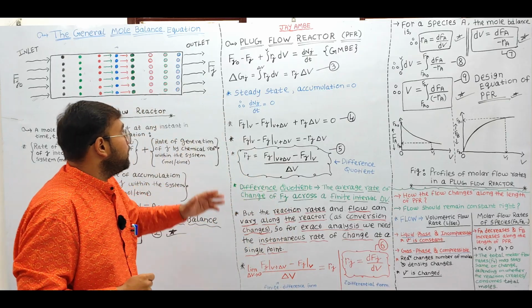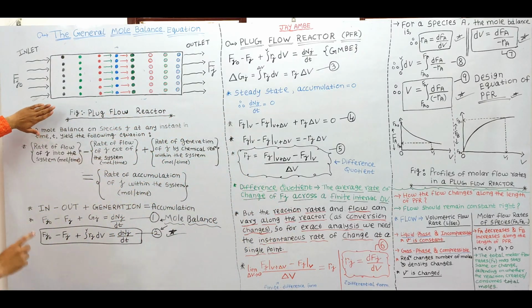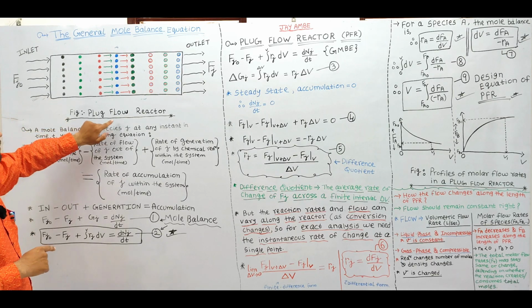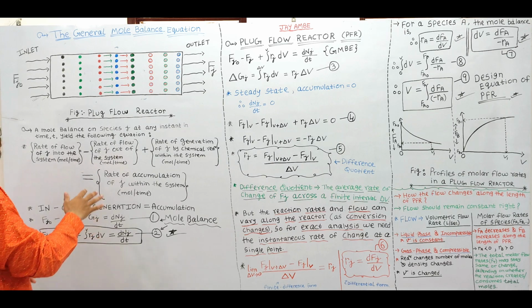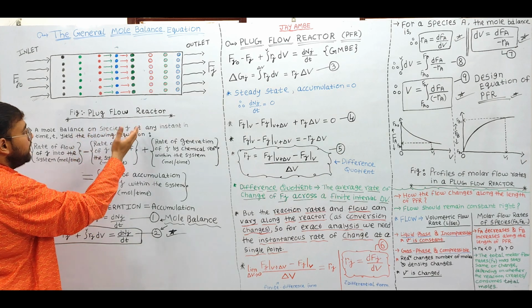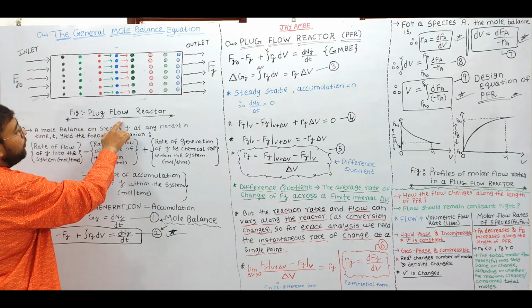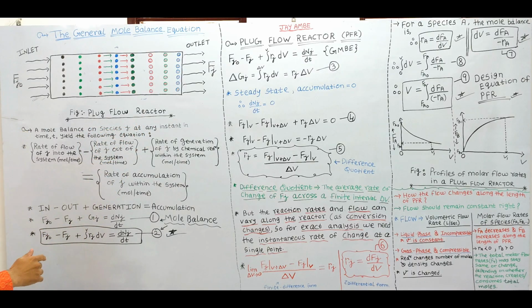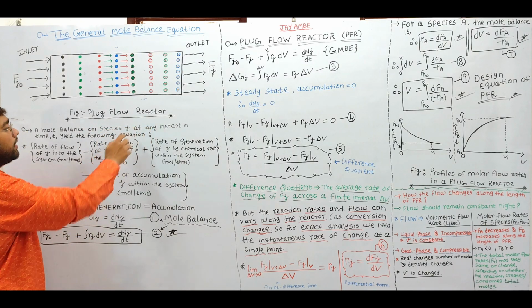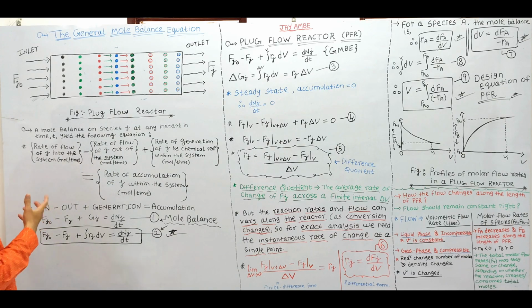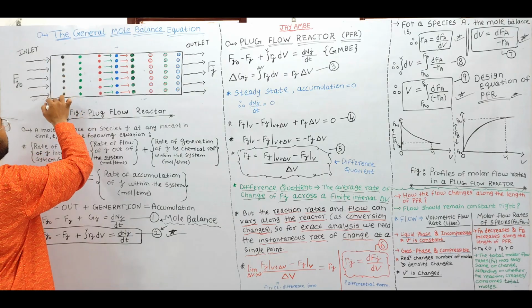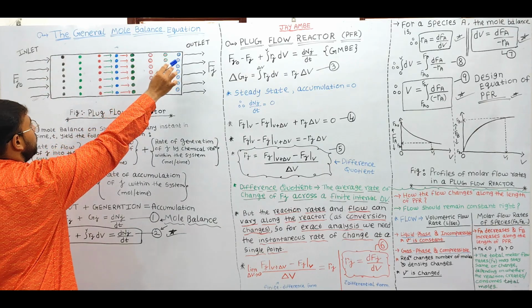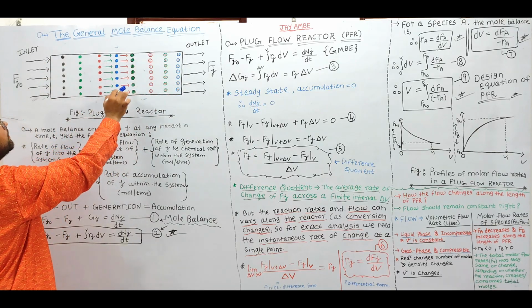So first of all, the plug flow reactor. We'll understand this diagram which represents the plug flow reactor. Let's understand the terms plug flow and reactor. Reactor means the enclosed vessel in which the reaction will take place.